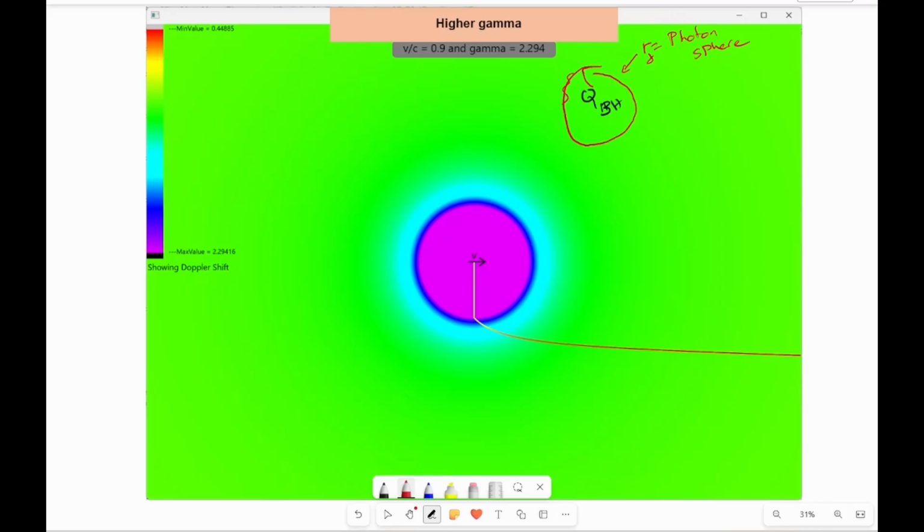And we're going to call that gamma. So R of gamma is equal to 3GM over c squared, or 3 halves r_s, and r_s is the Schwarzschild radius.